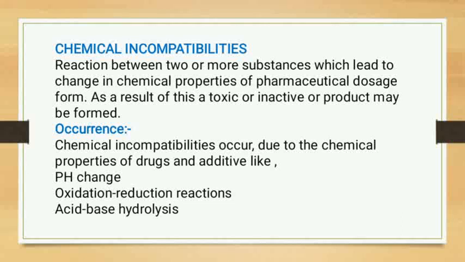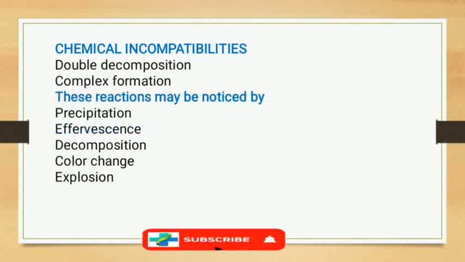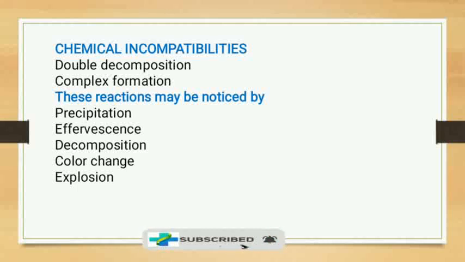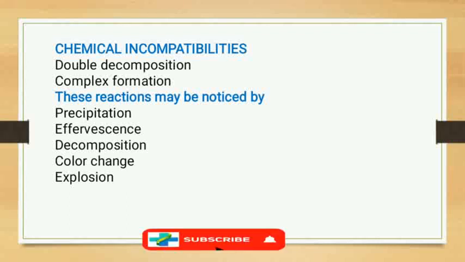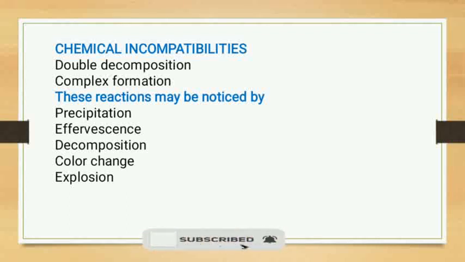Okay, so talking about the occurrence of this chemical incompatibility, it occurs due to chemical properties of drugs and additives like pH change, oxidation reduction reactions, acid base hydrolysis, then double decomposition or complex formation, and these reactions may be noticed by precipitation, effervescence, decomposition, color change, explosion, etc.